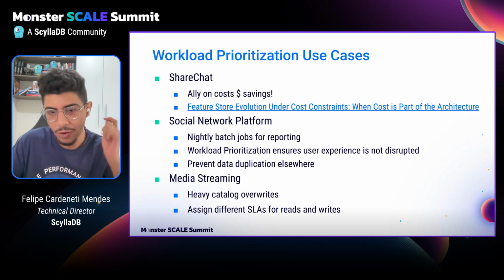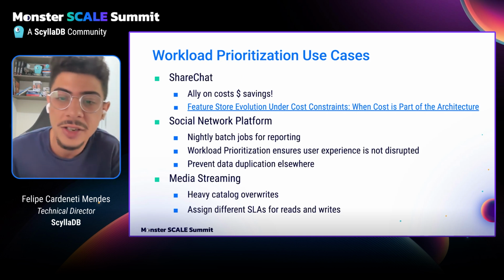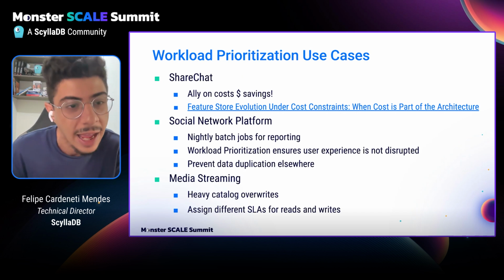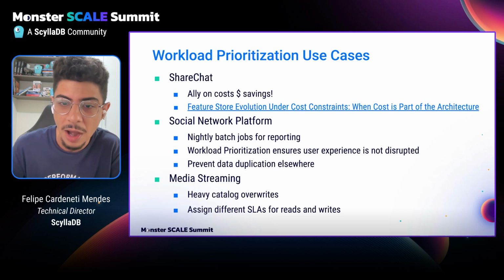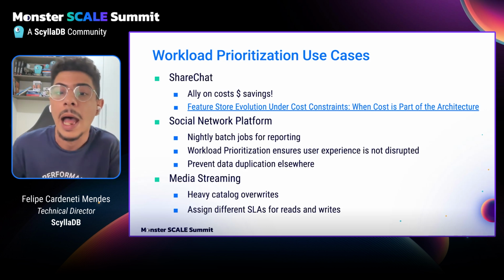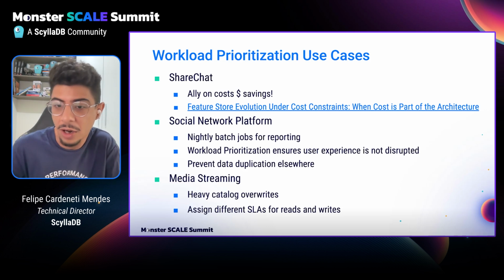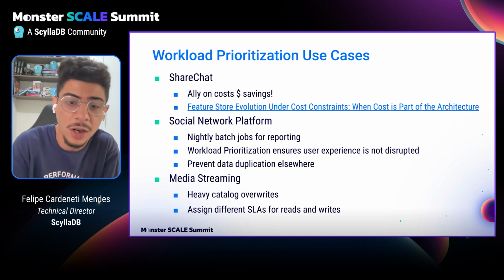Here are a few examples of users relying on workload prioritization in production. ShareChat makes workload prioritization their ally for driving cost savings. They previously spoke about how workload prioritization helped them at P99Conf, and they are also speakers in this year's Monster Scale Summit. A famous social network platform uses workload prioritization to run their daily batch jobs for reporting.